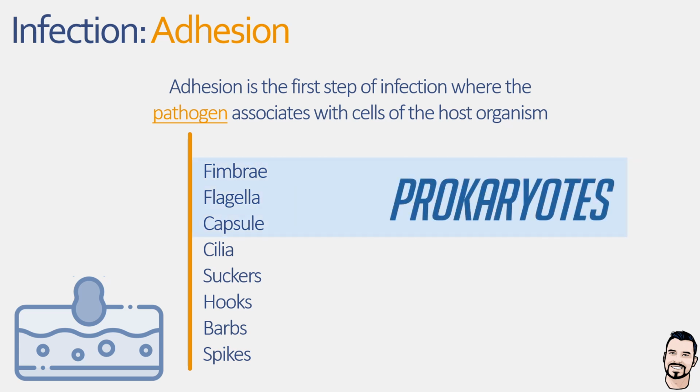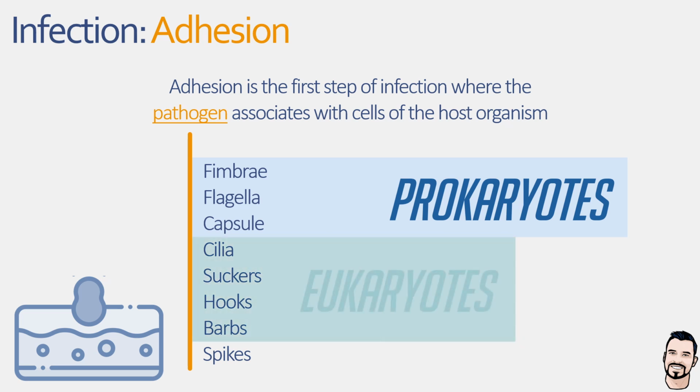In prokaryotes, such as bacteria, adhesion typically relies on fimbriae, pili, flagella, and capsules. Eukaryotic microorganisms, including protozoa, use different structures such as cilia, suckers, hooks, and barbs. Whereas the viruses, they rely on surface spikes made of proteins. Despite the differences, the principles are the same. Adhesion enables pathogens to remain in place long enough for the infection process to begin.